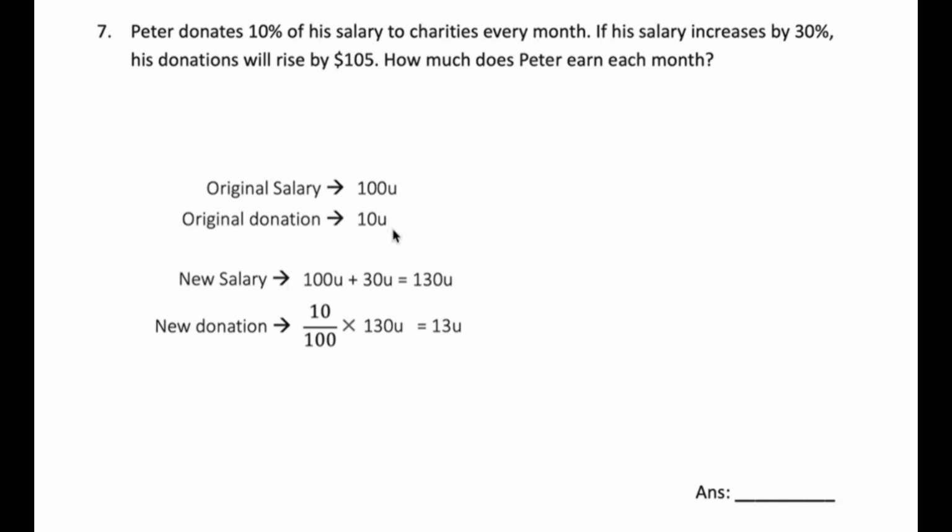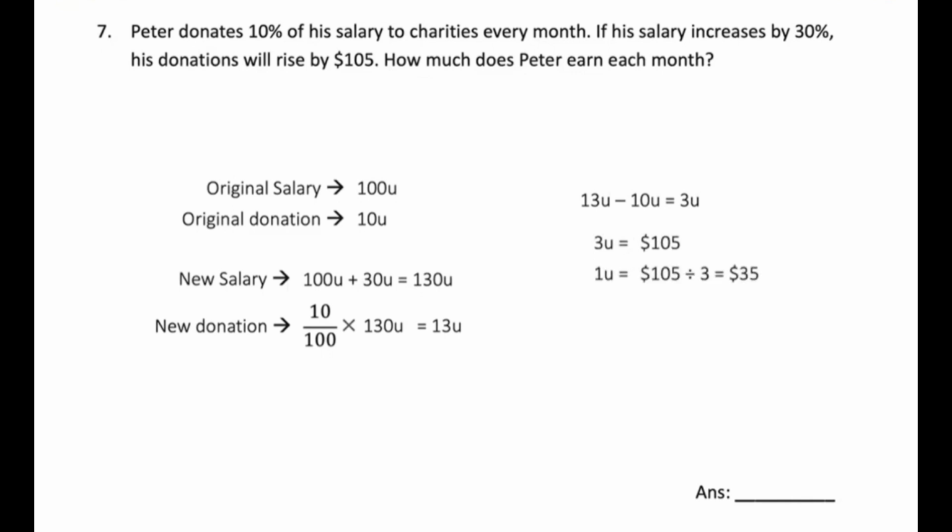Before his salary increase, his donation is 10 units. Now with the salary increase, his donation is 13 units. So there is an increase of 3 units in donation, which equals $105, because it says here his donation will rise by $105. So 1 unit is $35.